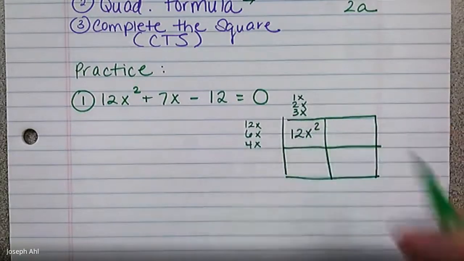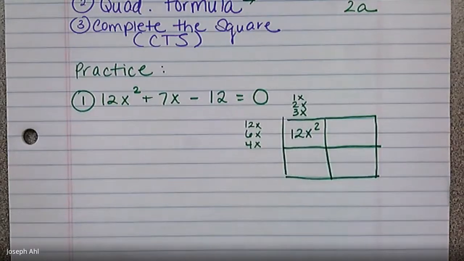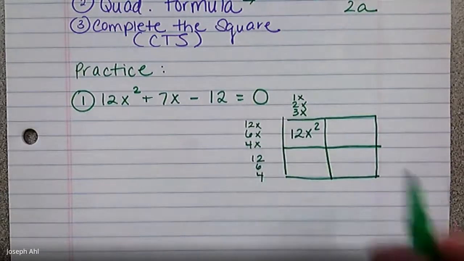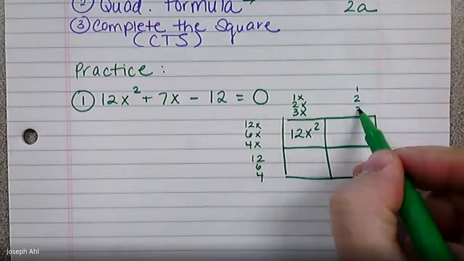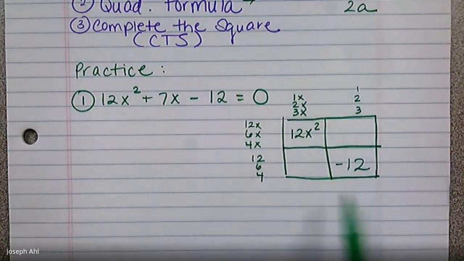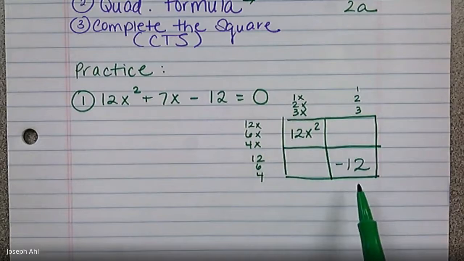All of those combinations will give you 12x squared. And then think about how those same exact factors, 12, 6, 4, and then 1, 2, 3, how those could also combine some way, somehow, to give you negative 12 over here. So there's definitely a lot to play around with.